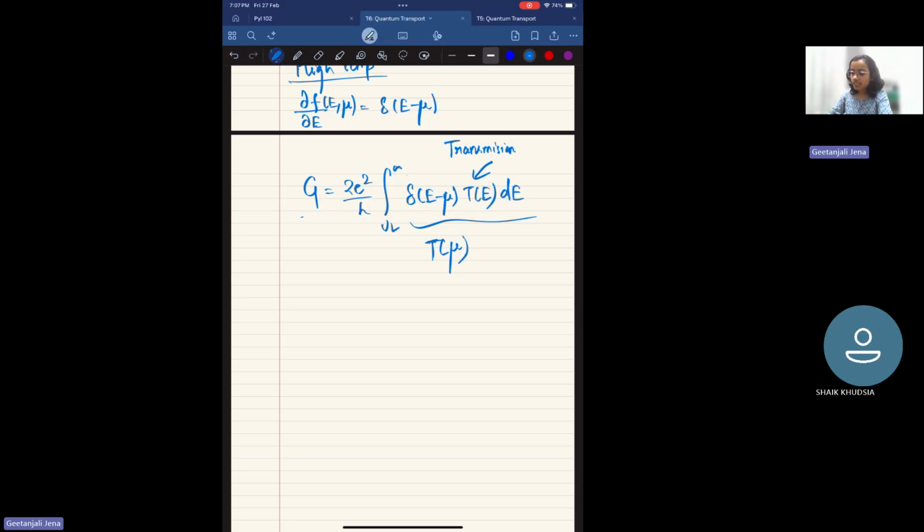But here we have seen that even though there is no scattering, we are getting a conductance which is a finite value. So conductance is finite means we will have a finite resistance. That means we can say that even though no scattering is happening, we are getting a finite resistance.